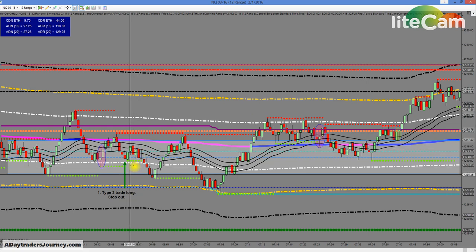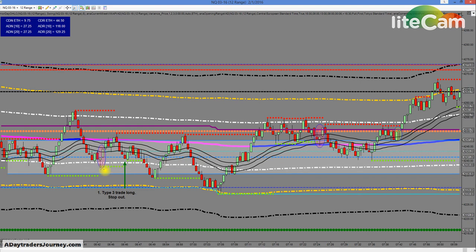And again, this green arrow shows you where I got into the trade. This is the actual bar I got in. On the NASDAQ, I use a 5-point maximum stop. Just to give you an example on this trade, the low on this candle was 42.38, and I want to put my stop about 2 ticks below that. So that's 42.3750.